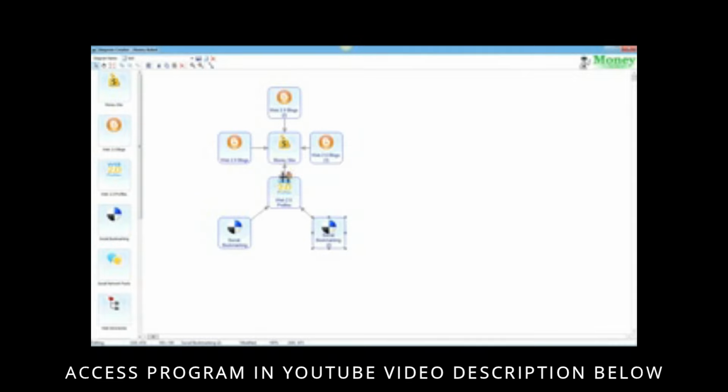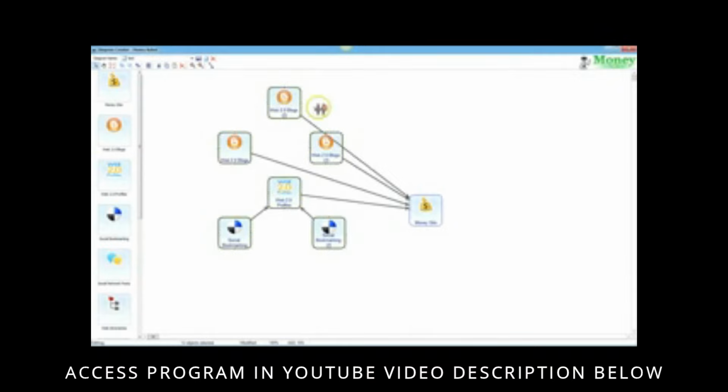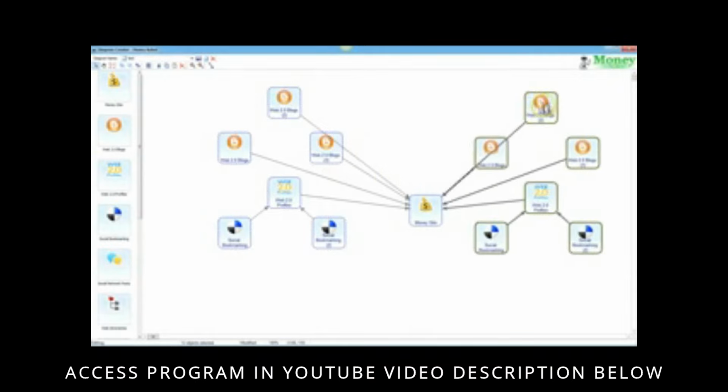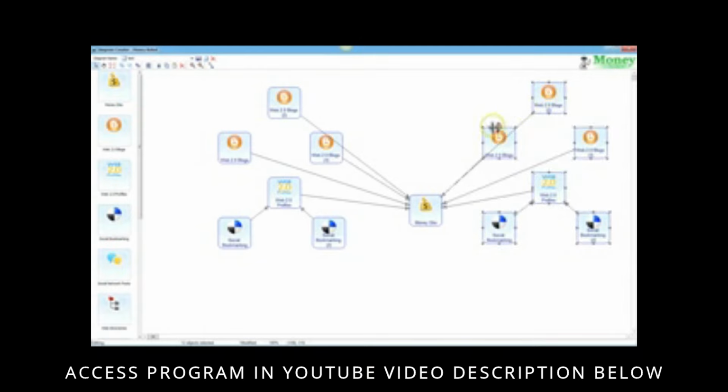So if I wanted to get really aggressive on this, I could technically, here, let me pull this over to the side. I could highlight this, do a Control C to copy, a Control V to paste, and I'll drag that, and I've created another cluster of sites, combination of Web 2 properties and social bookmarks.